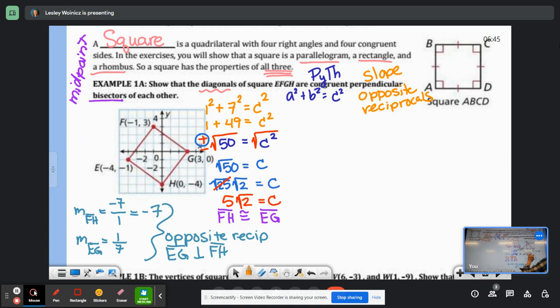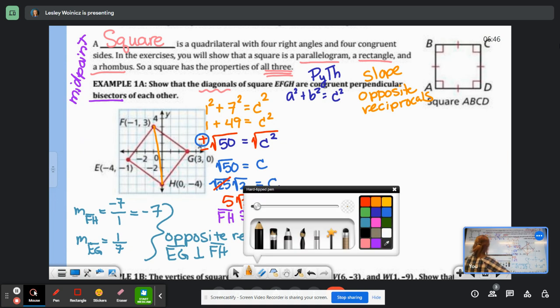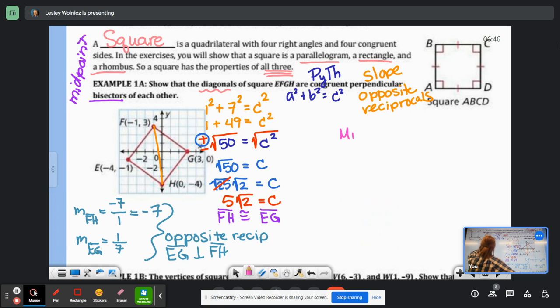Okay, so for the midpoint of each of these, what I have to do is average the x's together and average the y's together to find the x and y values that are halfway in between. So for FH, this is our midpoint.